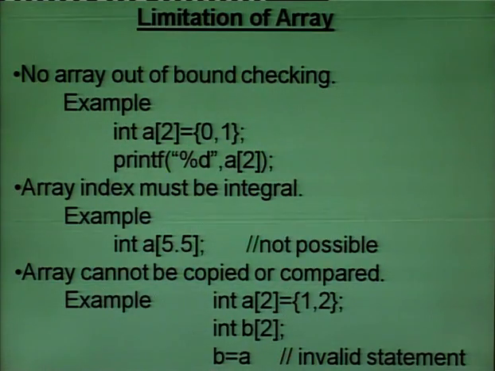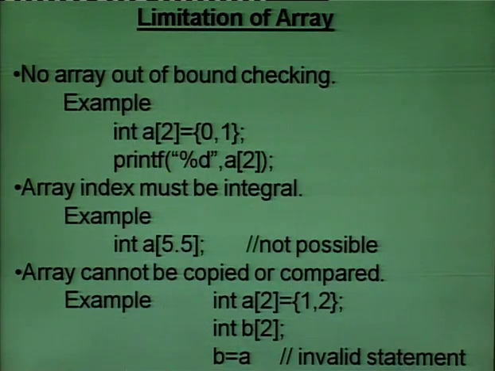We have to use each and every variable with the index value to assign this value, but we can't write A equal to B or B equal to A for two different arrays. We can't compare A greater than B or B greater than A.